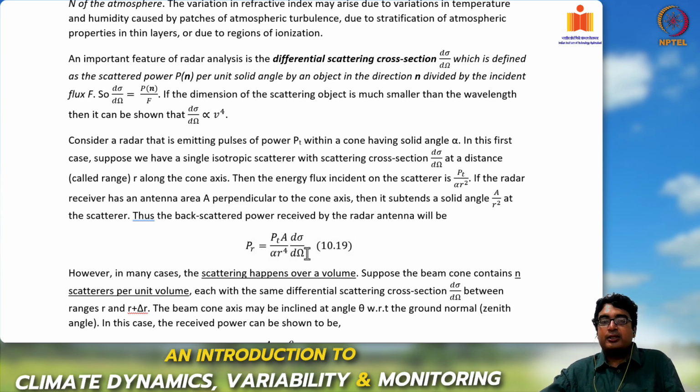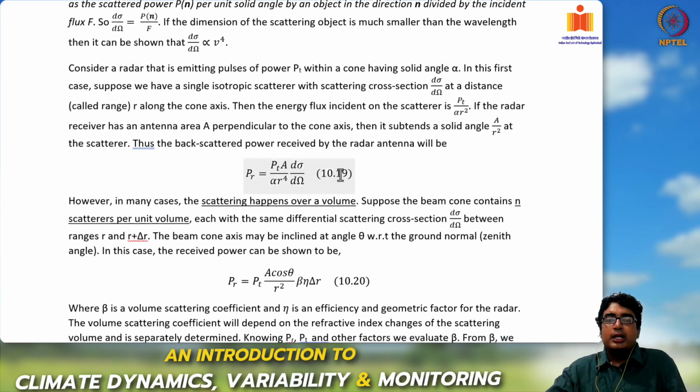This expression gives us the total radiation in terms of wattage that is received back by the antenna. So this is the expression when you have a single surface that is scattering back the incident radiation, like the bottom of a cloud surface.